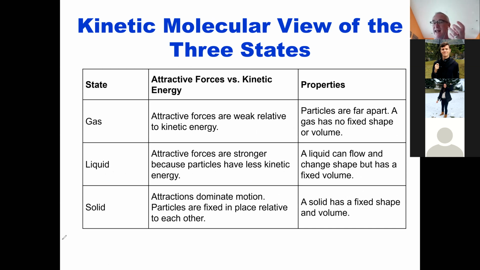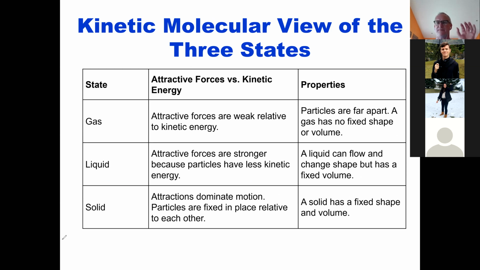So if we just look at the kinetics, and we've done this already, in a gas, attractive forces are super, super weak. Remember, when we looked at the gas phase and did all of the calculations for the gas laws, one of the assumptions we made was that there were no attractive forces.